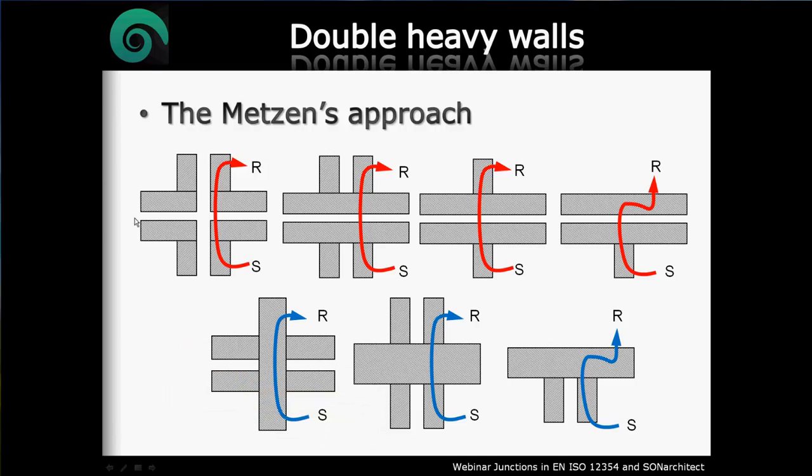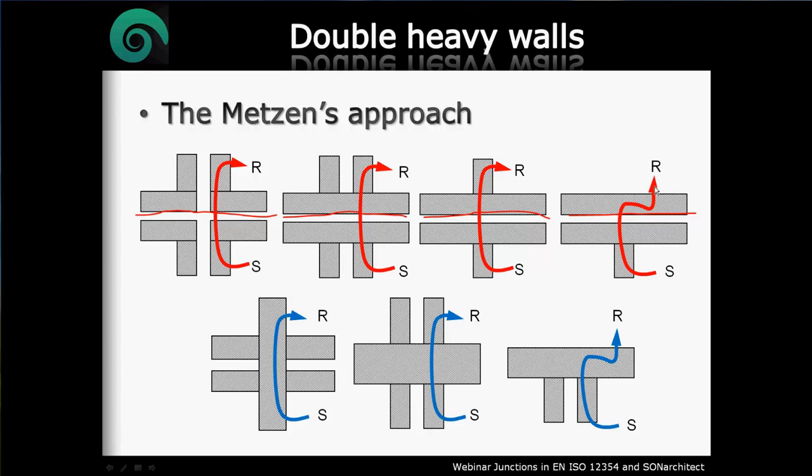Here you have a cavity, again here and then here. So in this case, the vibration needs to go from one leaf to the other, and this is where we apply this delta R quantity.